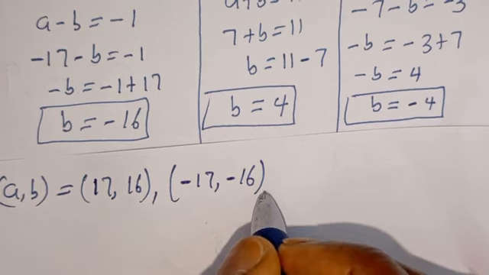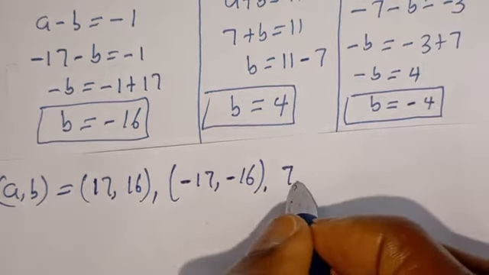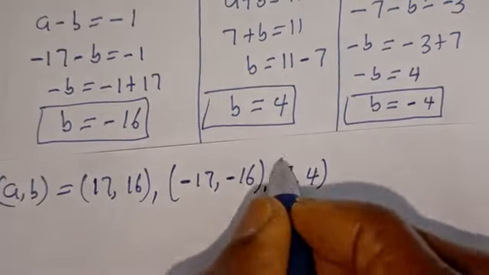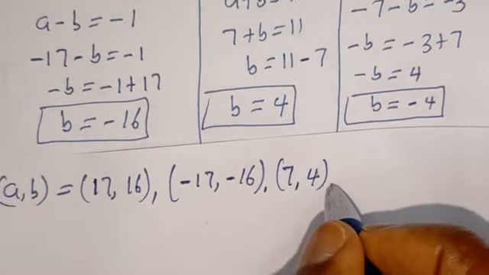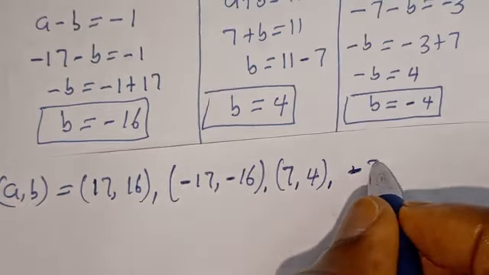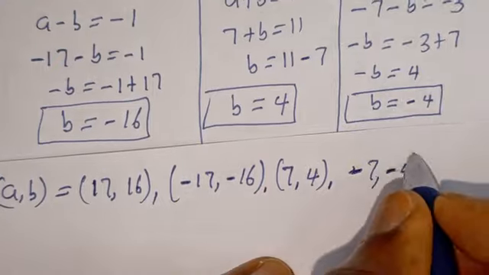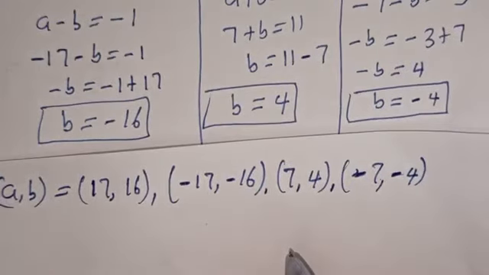Then the third case is 7, comma 4. And then the fourth case is minus 7, comma minus 4. These are the values of a, comma b.